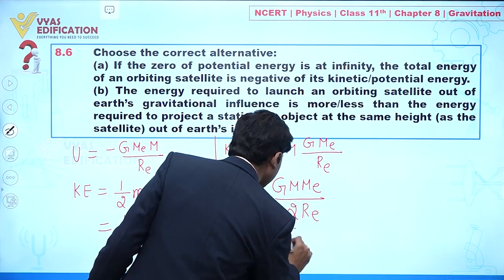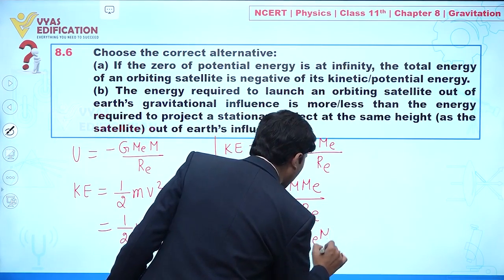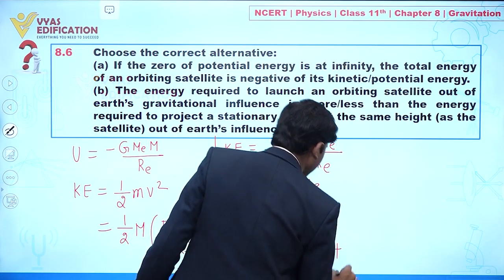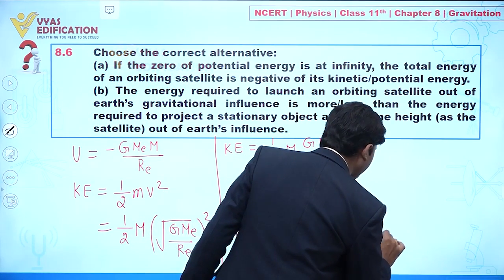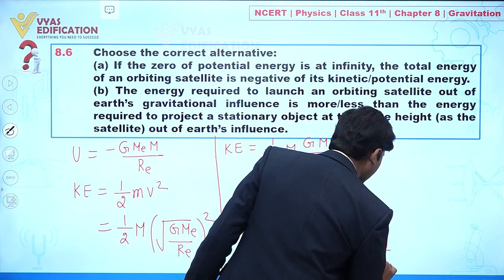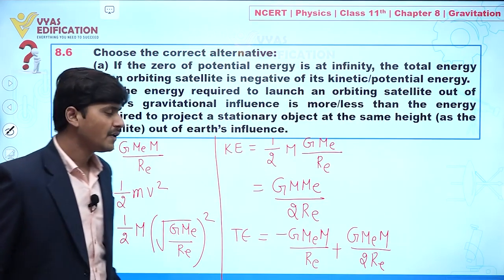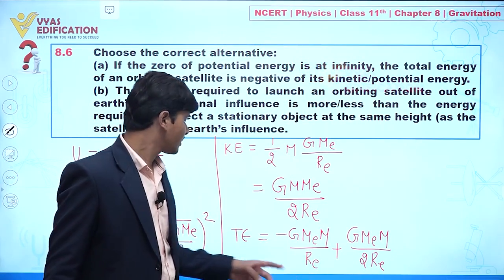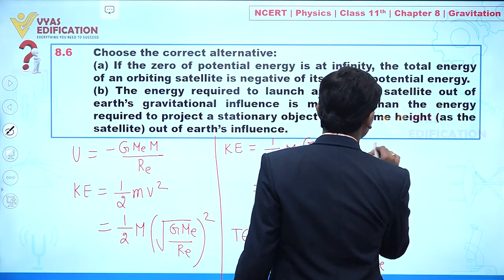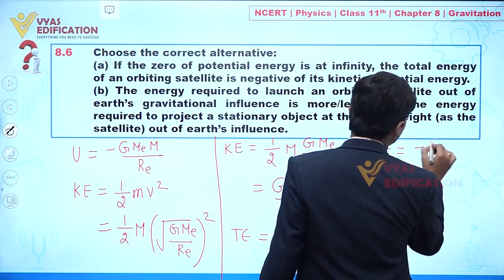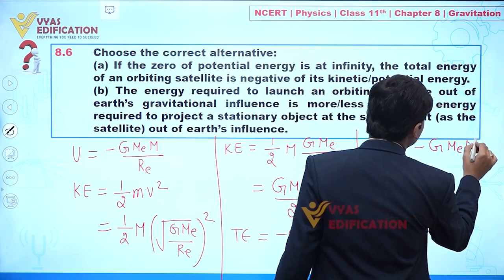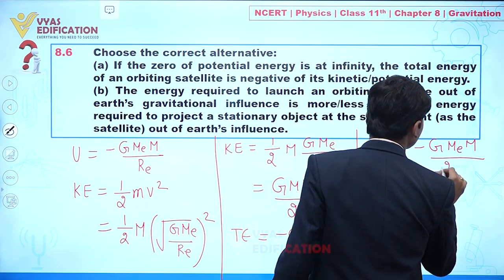So directly we can say this is -GMEm upon RE plus GMEm upon twice of RE. If you take LCM twice RE, then total energy we have is -GMEm divided by twice of RE.